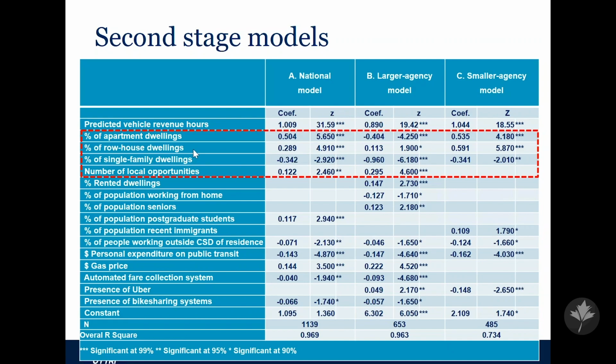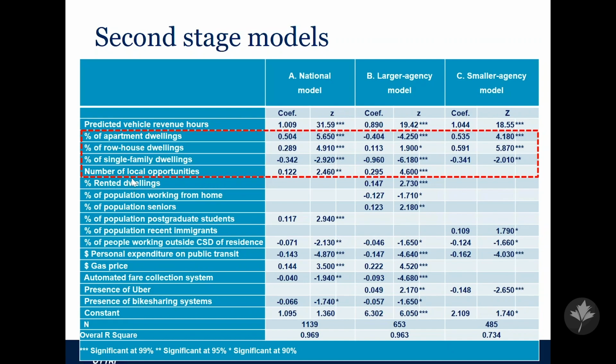At the same time, an increase in the percentage of row house dwellings would also result in a positive ridership increase. On the contrary, service areas that have higher percentages of single-family dwellings have lower ridership, all else being equal, of course.